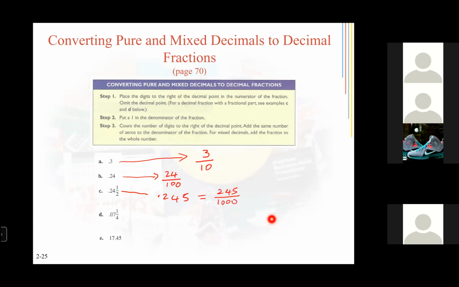So you just do away with the decimal in front of the 5, because we've changed the half into a decimal, but we already have a decimal point at the beginning, so we don't need another one. That gives you 245 thousandths.